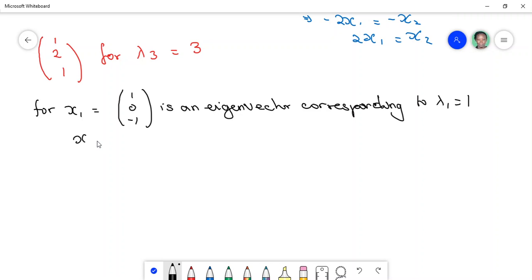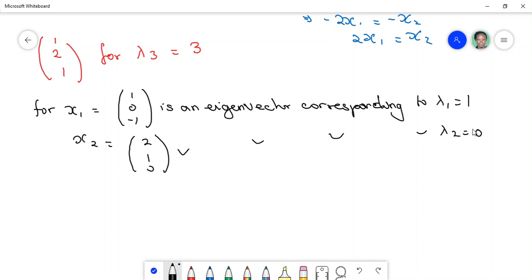Then for my second eigenvector x2, I have 2, 1, 0, which corresponds to lambda equal to 2.